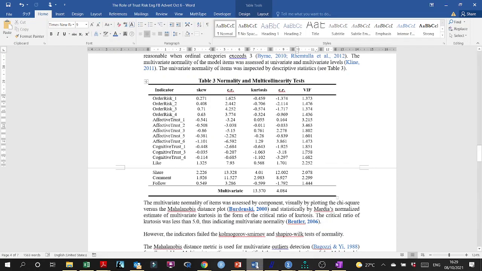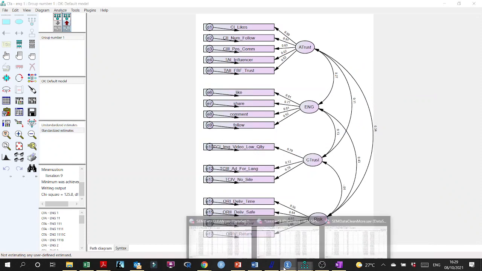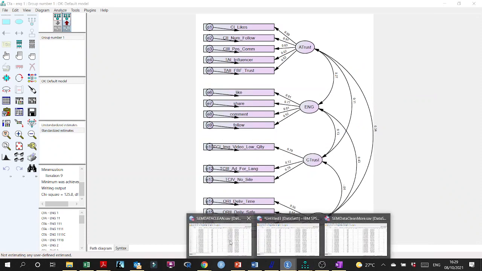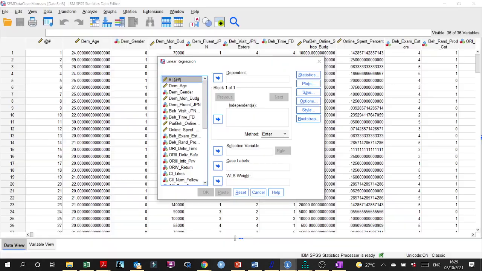So one more thing is to take a look at what you can do for the VIF. Let's take a look at the VIF again. This is the data cleaned more, and we're going to put this here.